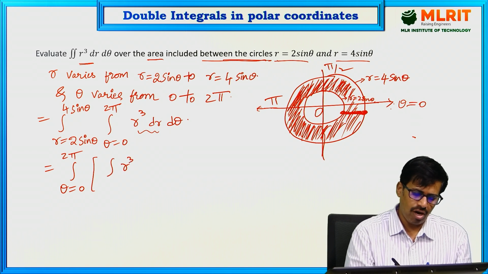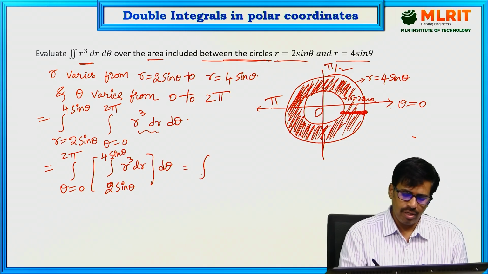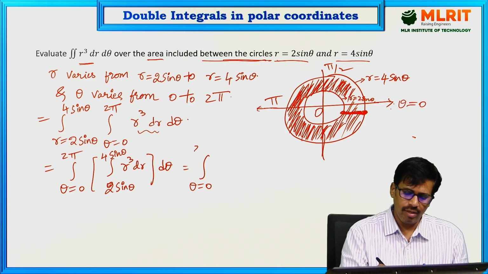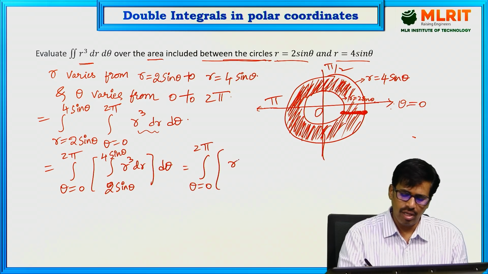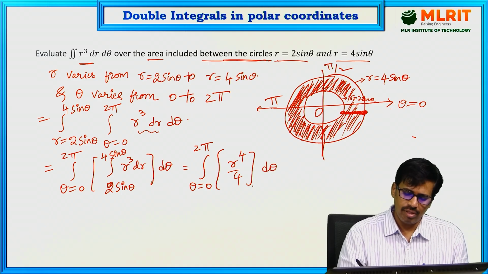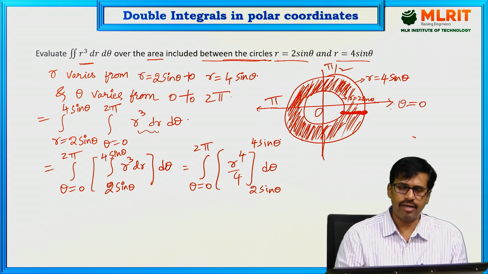Integration of r cube dr, then d theta, with r from 2 sin theta to 4 sin theta. So this becomes theta equal to 0 to 2 pi. What is the integration of r cube dr? r power 4 by 4, d theta.